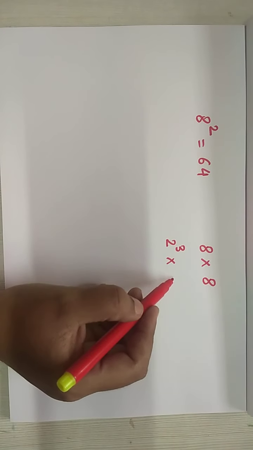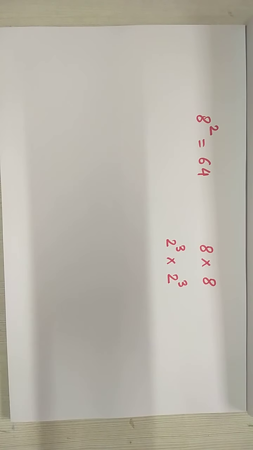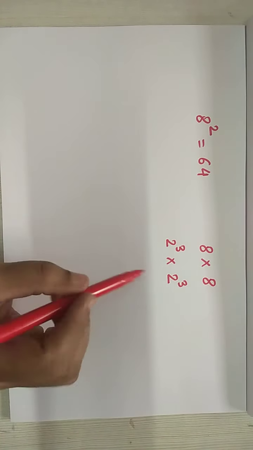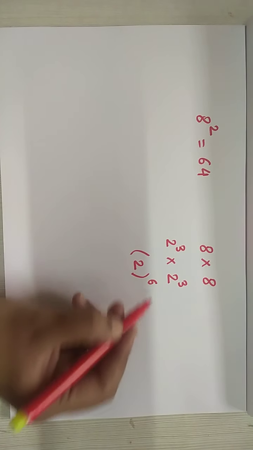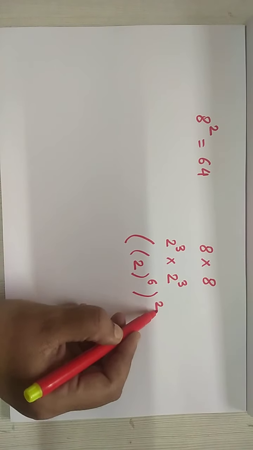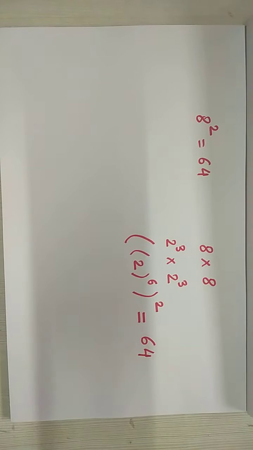Again, how this 8 can be written as 2 cube. Okay, so total how many 2's are there over here? 3 and 3, 6 2's are there. That means 2 raised to 6. And when we again multiply by 2, that is again make power 2, we get answer 64.